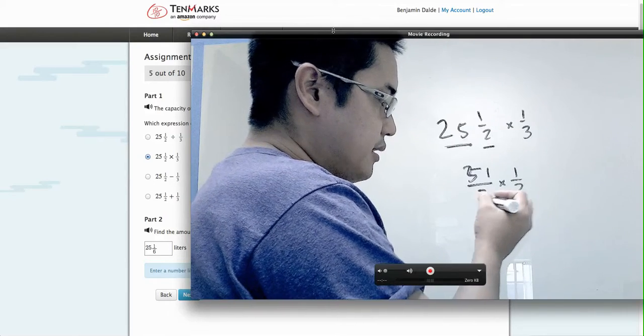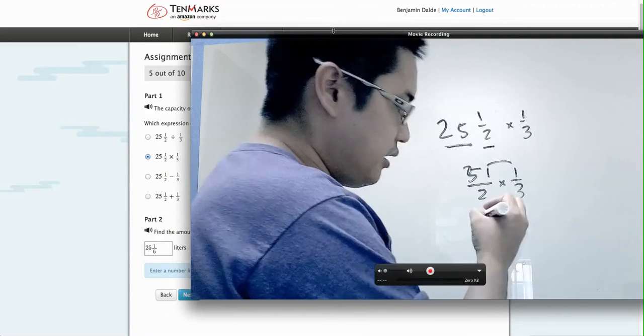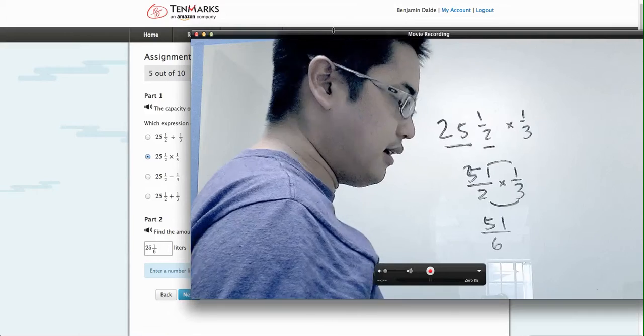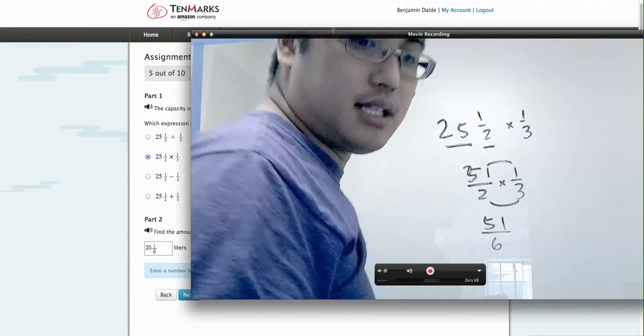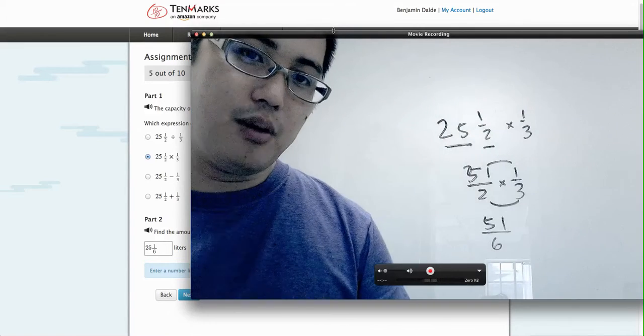Multiply the 3 times the 2. When you multiply fractions, you multiply the top with the top and the bottom with the bottom. You end up getting 51 over 6. Then the question you need to ask yourself is, how many times does 6 go into 51?